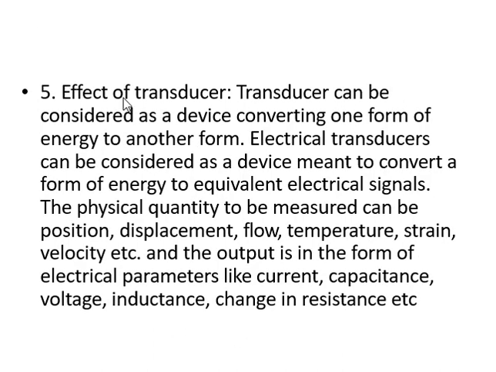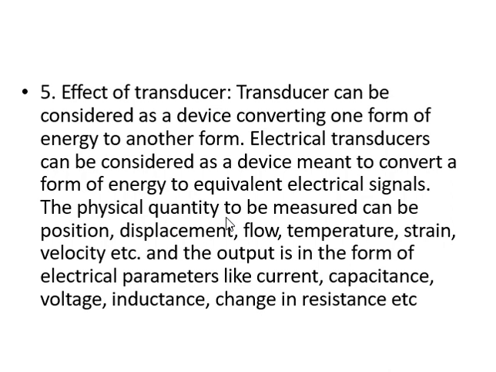And the fifth problem is the effect of the transducer. A transducer can be considered as a device converting one form of energy to another form. An electrical transducer can be considered as a device meant to convert a form of energy to equivalent electrical signals.